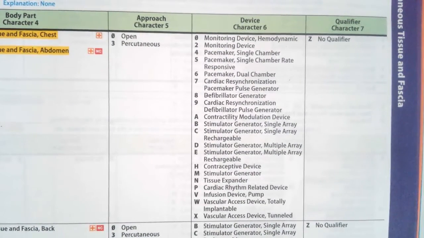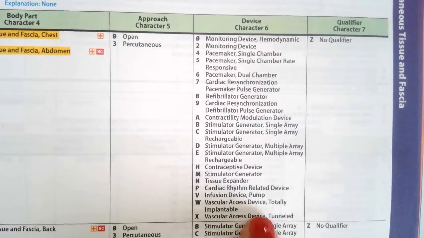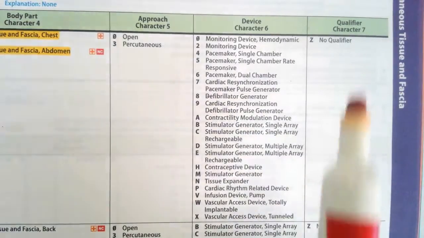There is no way around it, okay? So in this particular case, what we have is a vascular access device, totally implantable because they put it into the chest wall there. So that's going to give you a W. And then, guys, there is no qualifier.